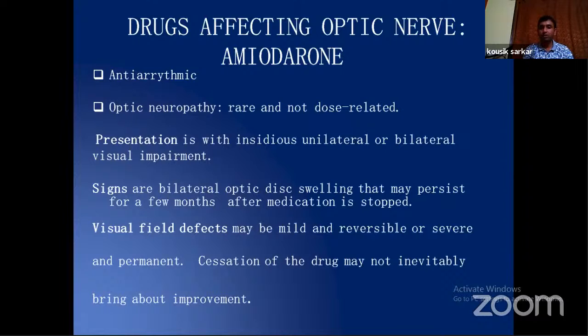Visual field defects include mild and reversible, or sometimes severe, visual field impairment in case of amiodarone optic neuropathy. Cessation of the drug may not inevitably bring about improvement. It is said that even if the drug is stopped, the optic nerve damage is usually not reversible in case of amiodarone toxicity.